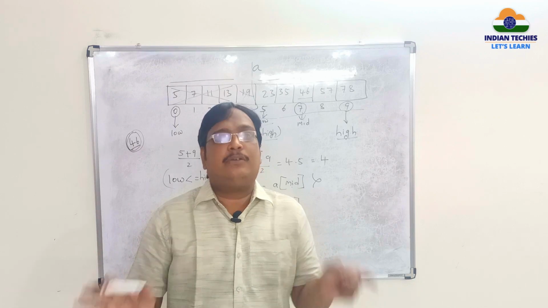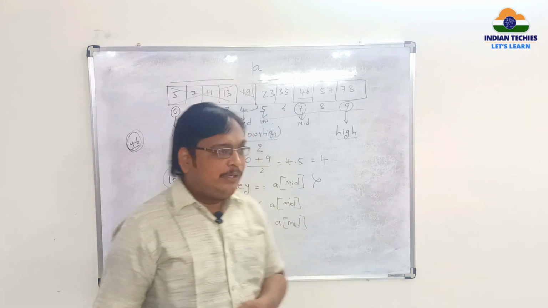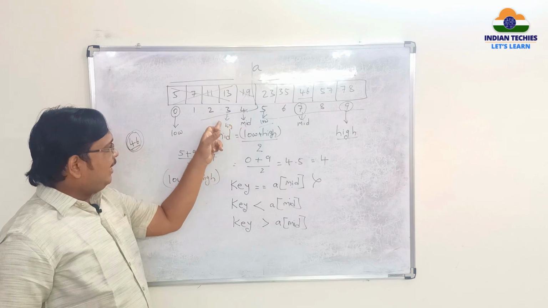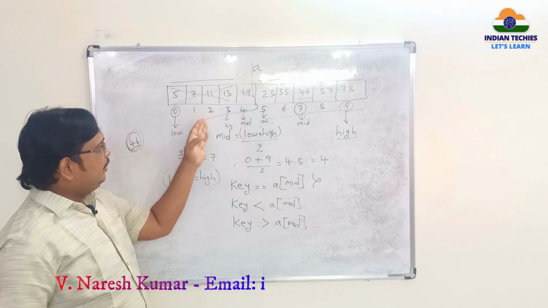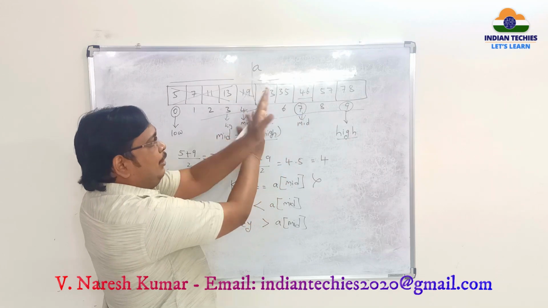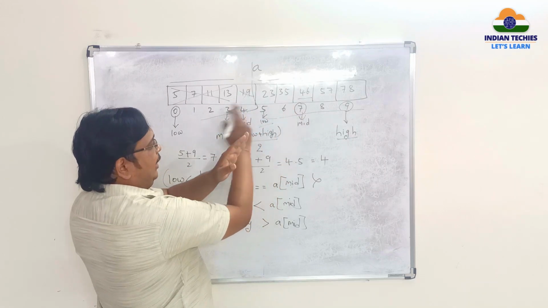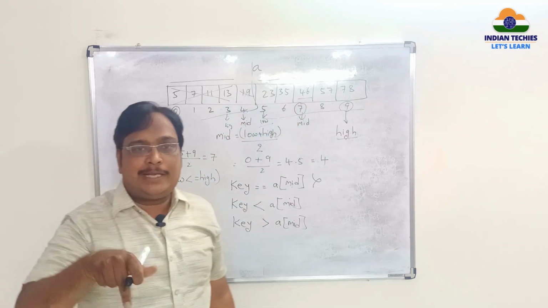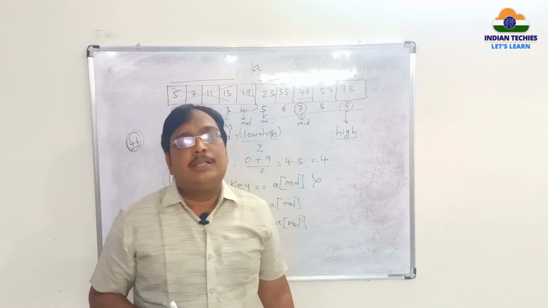Low should not cross the high value. At a particular situation, you will make this one as high, or low may go to the next. At this position, low should not cross high. So high will come to this side and low will go to that side. That situation means your element is not in the list.